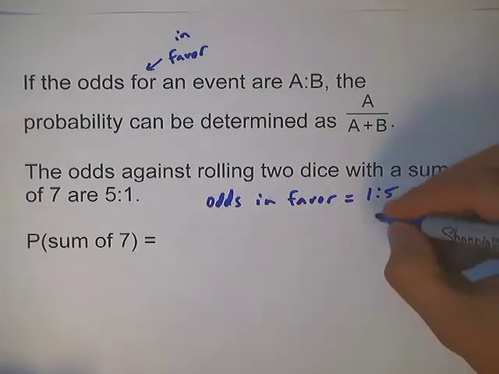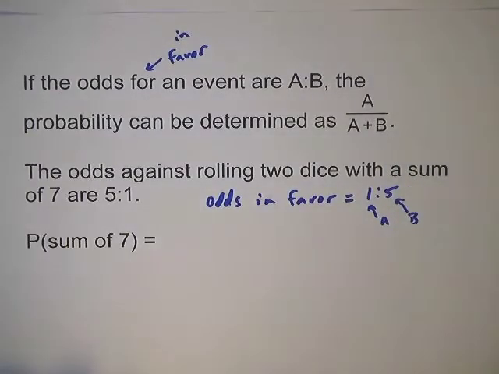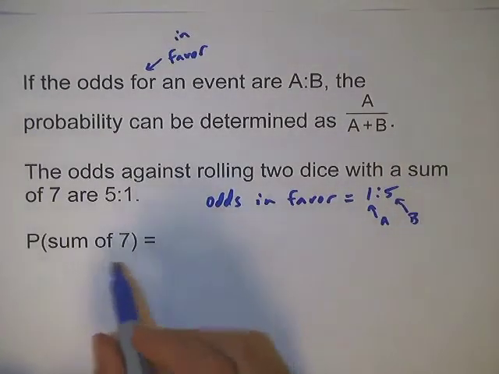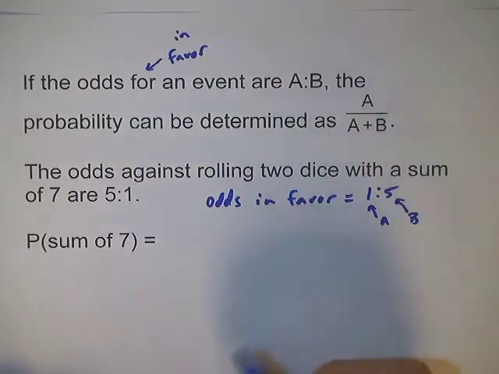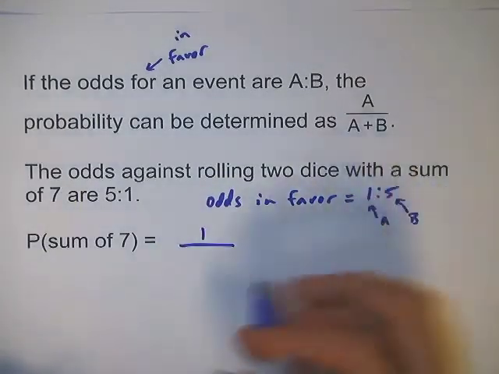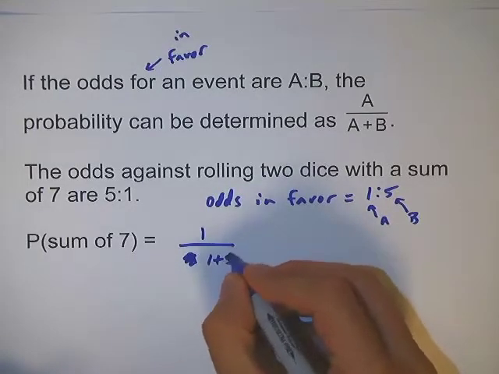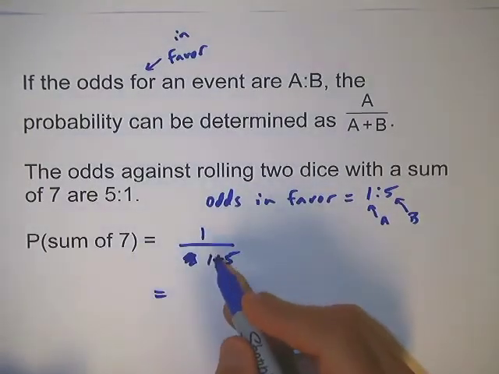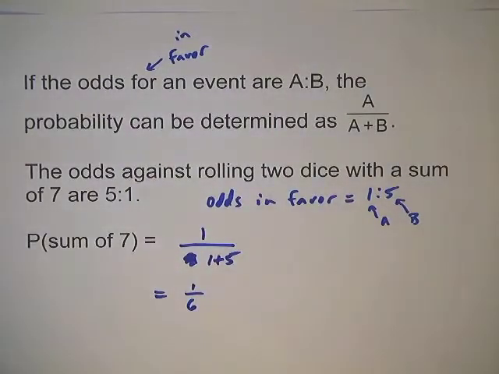What that means is that the 1 is A and the 5 is B. Now if we set this up, it's going to be A over A plus B. A is 1, so this is 1 over 1 plus 5, which is 1 over 6. So the probability of rolling a sum of 7 is 1 over 6.